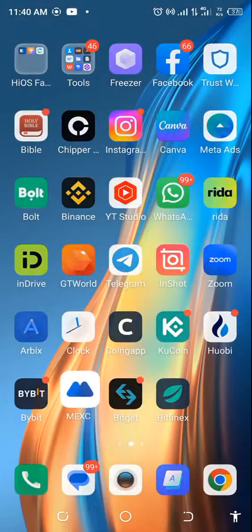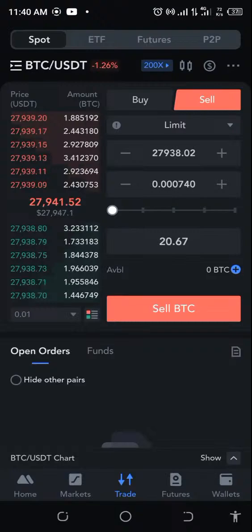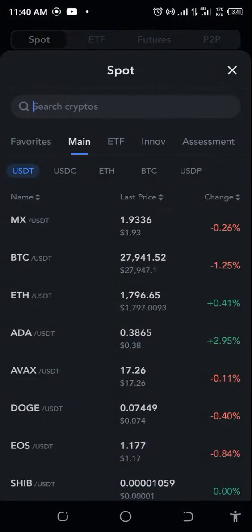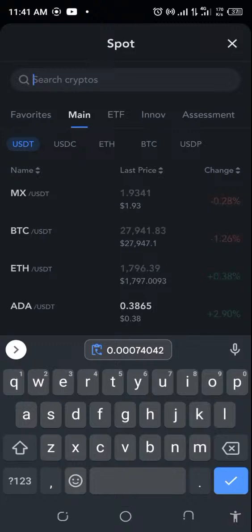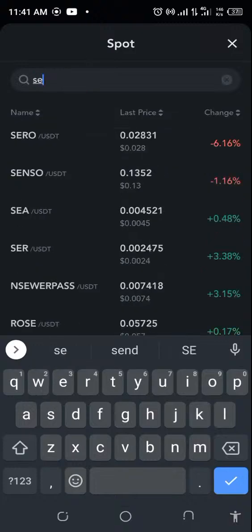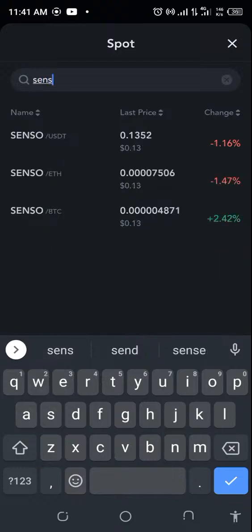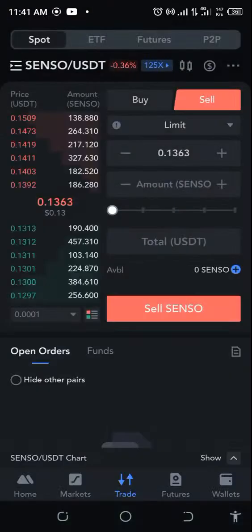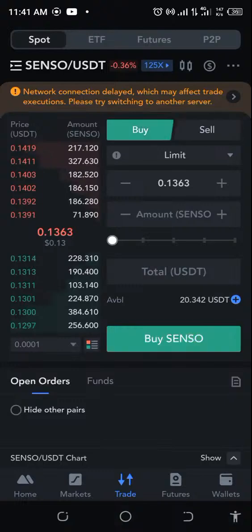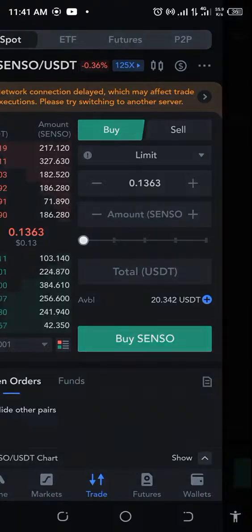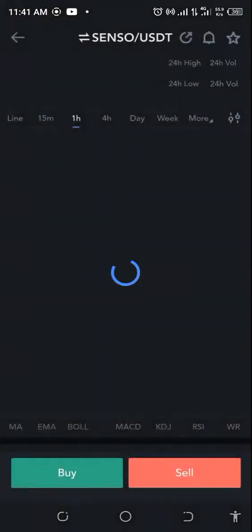Okay, so we're going to be looking at it, especially trying to make sure this still gives us good results. So let's go back to our Senso. Okay, USDT. Alrighty, and then we buy. Okay, so let's check the charts just to be on the safe side to see what's going on in the life of Senso.